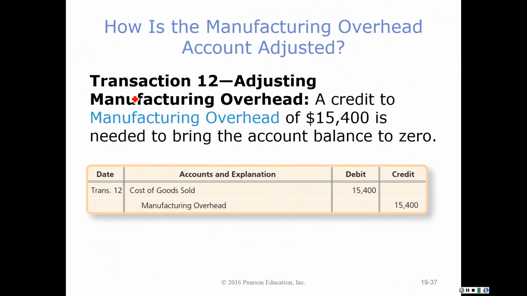So in this particular situation, it tells you that we needed a credit of $15,400 to bring the manufacturing overhead account balance to zero. If we go back to my bad artistic drawings of manufacturing overhead, this is telling us that at the end of the period there was $15,400 worth of manufacturing overhead still sitting in my manufacturing overhead account.